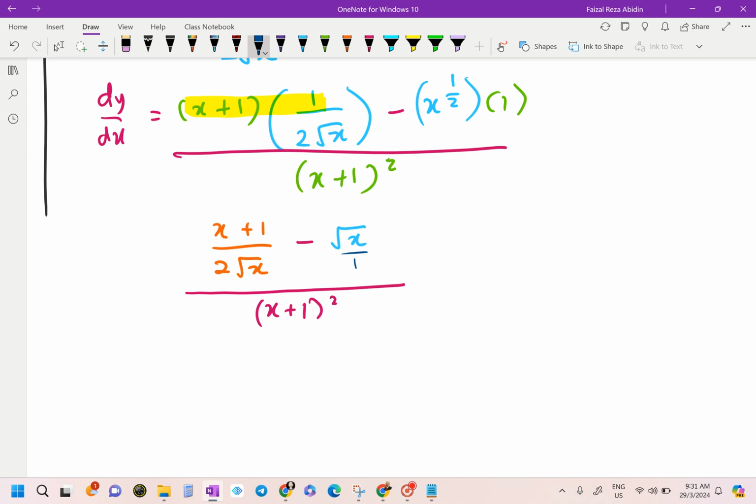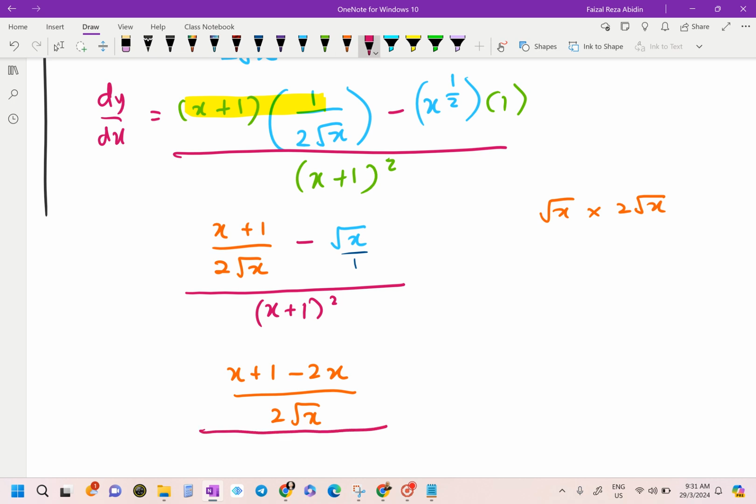So what I'm going to get at our numerator is x plus 1 minus 2x, over 2 square root of x, because I want to make it the same denominator. Over x plus 1 squared.